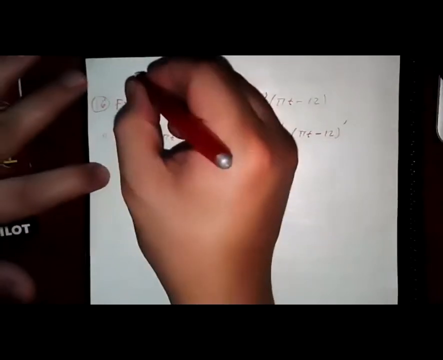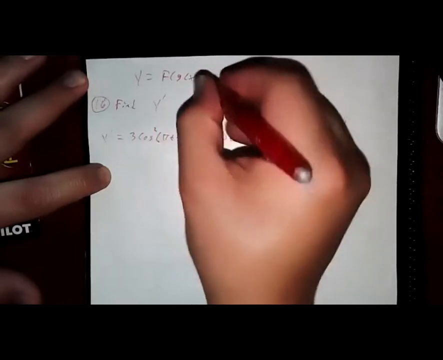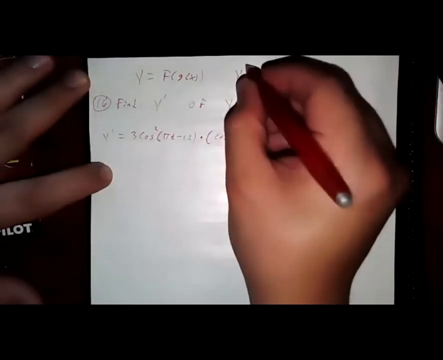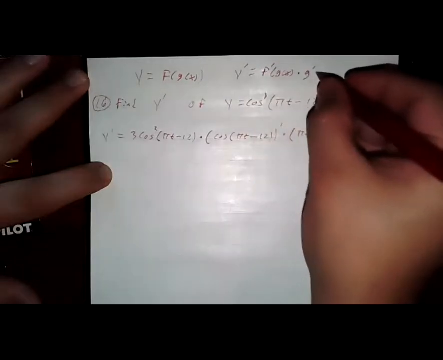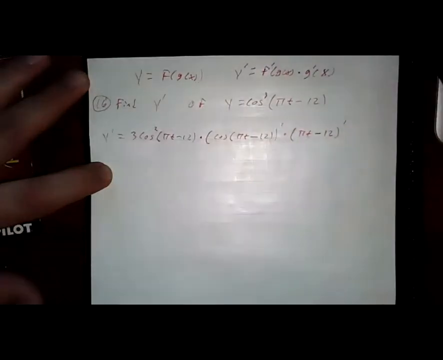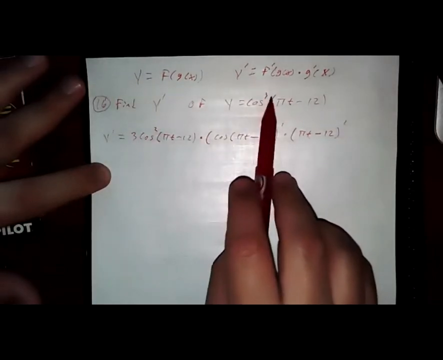The chain rule says if you have a function composed with another function, the derivative is the derivative of the outside while leaving the inside the same, multiplied by the derivative of the innermost function. So do you see that the outer function of the original is the cube?